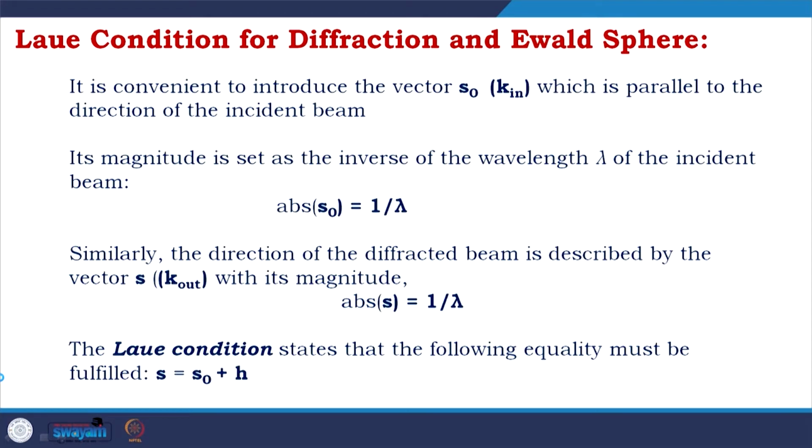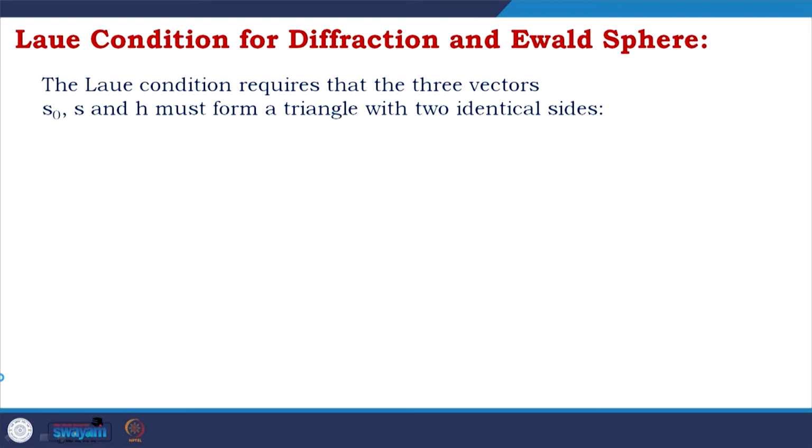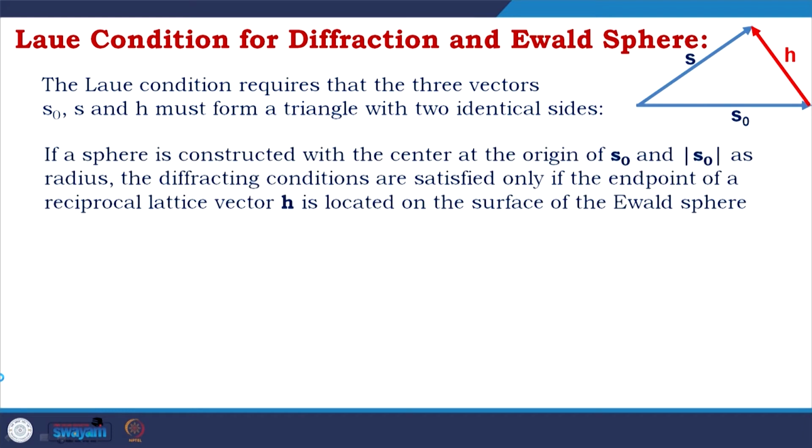So, S equals S0 plus H. The Laue condition requires that the three vectors S0, S and H must form a triangle with two identical sides, which we also discussed. So, one is S, one is S0 and another one is H. So, this is the triangle.